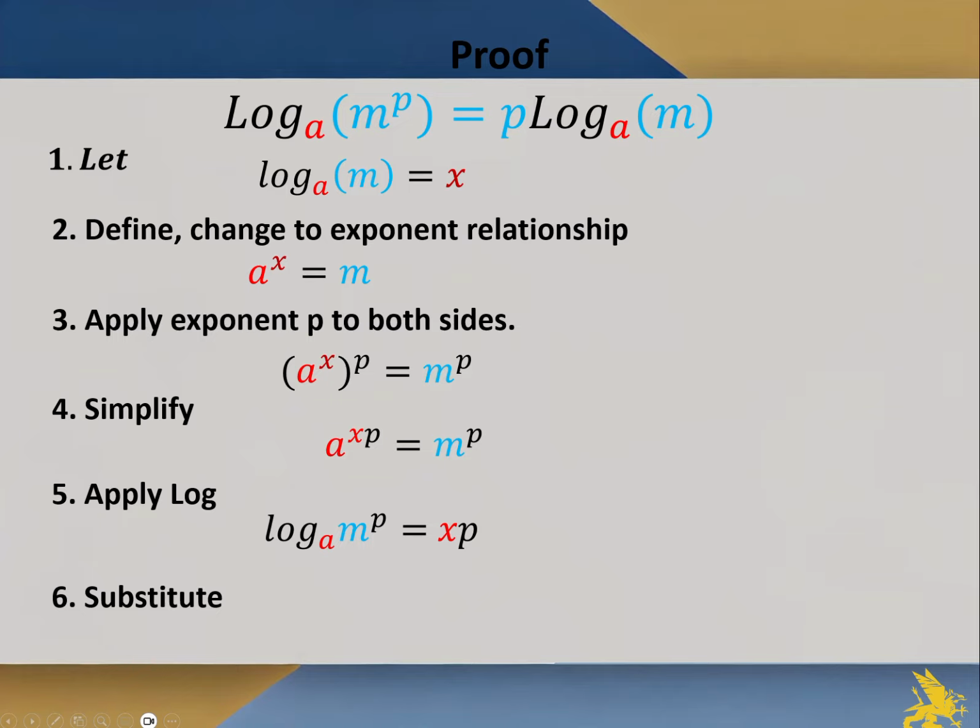Then the final part is we are going to substitute our x value back in. So if I substitute that back in, what it tells me is when I've got a power of p, I can take it out the front.